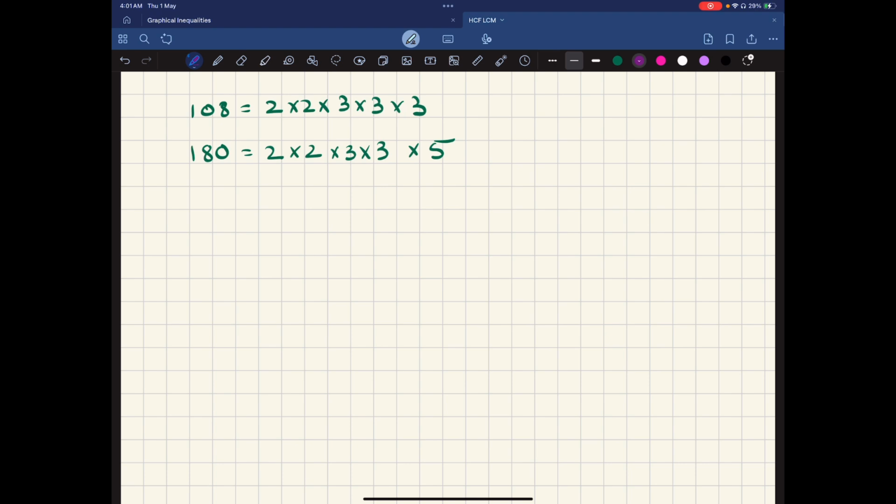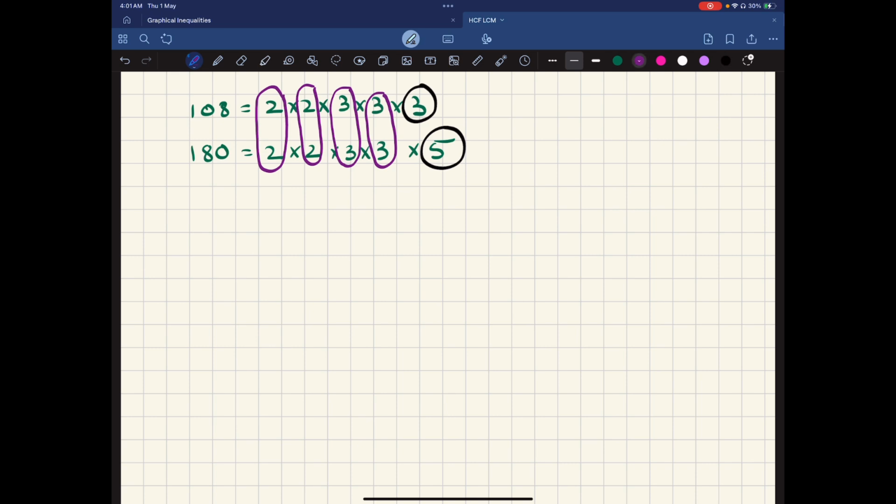A factor which is present in both the numbers is going to form a loop, okay? So this is our first loop, second loop, third loop, fourth loop, and that is it, okay? And then the remaining ones with no pair factors are going to form hoops. Okay, so first hoop and second hoop.